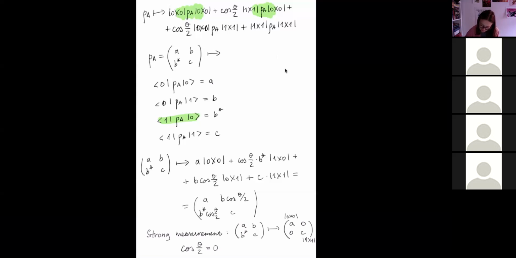And so theta over 2 has to be pi over 2 plus pi n. So theta has to be pi plus 2 pi n. Yeah. And for this angle theta, the measurement will be strong. Otherwise, the measurement will be characterized as weak.